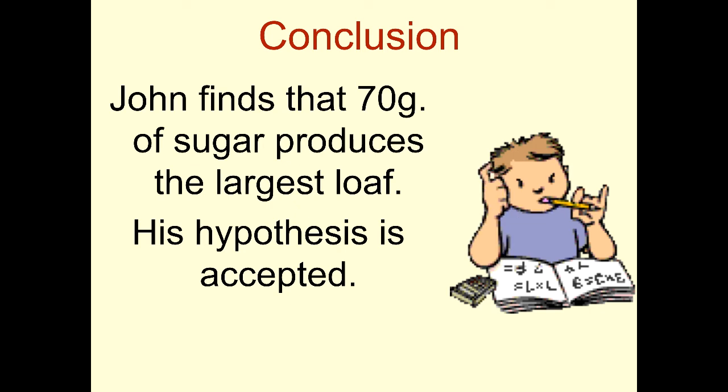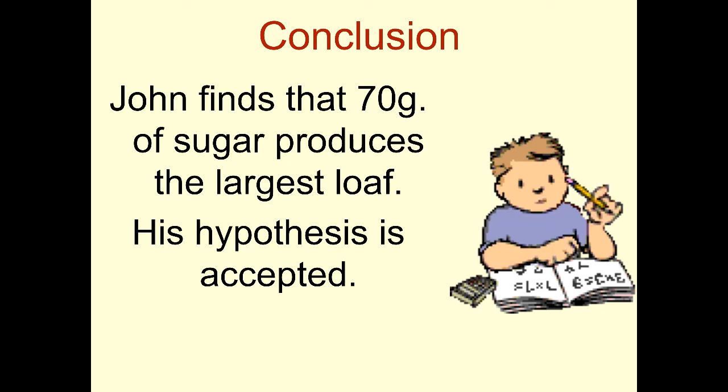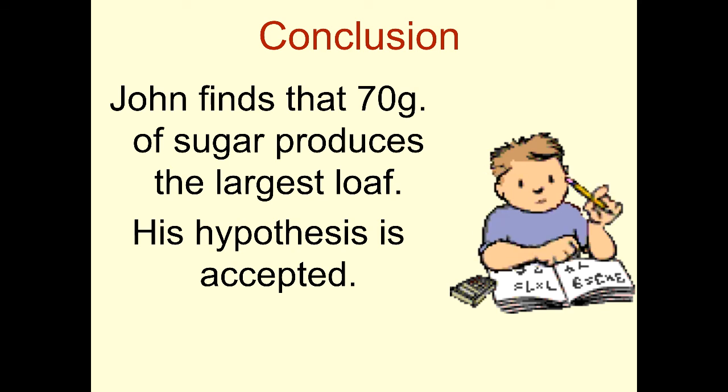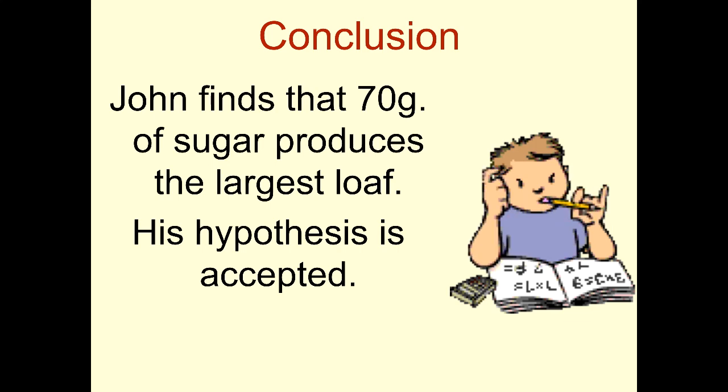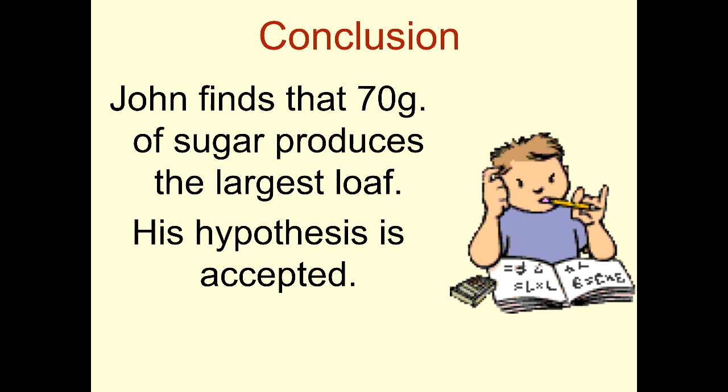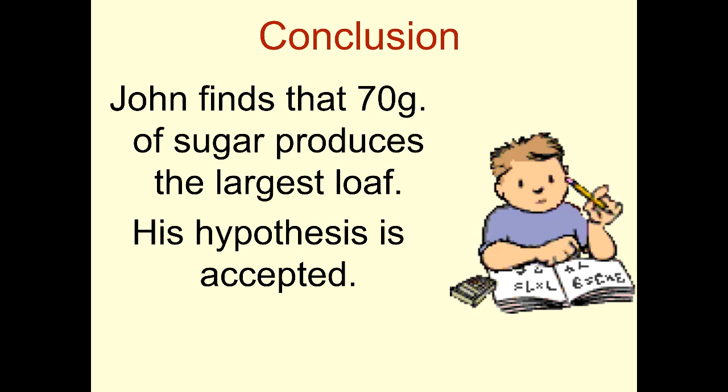So John finds that 70 grams of sugar produces the largest loaves, and he accepts his hypothesis. I didn't see that he had formulated a new hypothesis. The new hypothesis would be something about what he believed between 50 and 100 grams, which he didn't really state. So I'm not sure what they're talking about here when they say he accepts his hypothesis.